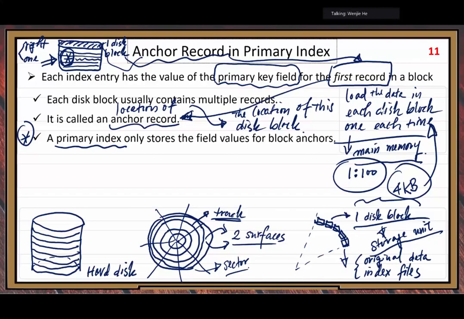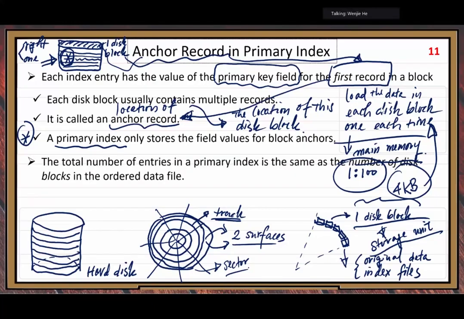That's the reason we can save. We do not need to store the location for all the other, non-anchor rows, so we can save a lot of storage space. That's the reason.